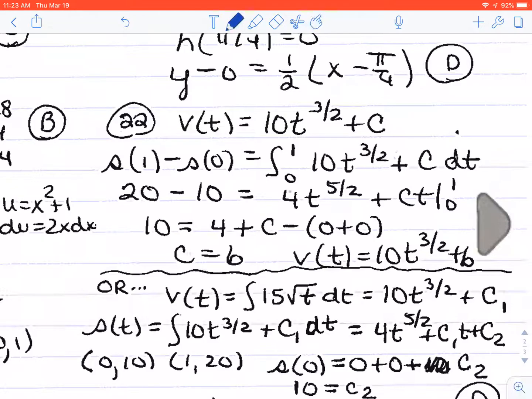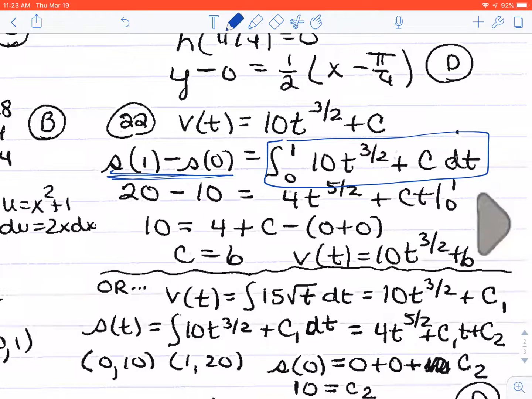So there are a couple steps here. The first thing I did is use the fundamental theorem of calculus and integrate the velocity function, and I will get the position function evaluated from 0 to 1. So that's going to be equal to the position at 1 minus the position at 0. So we're using the net change theorem.